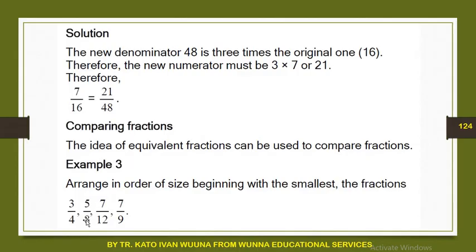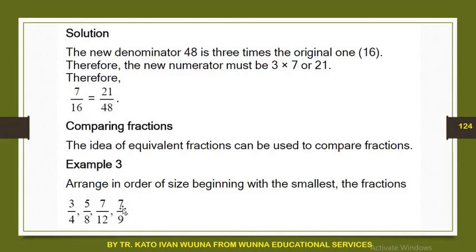When you reduce 72 by 8, you get 9. 9 times 5, 45. Now the 45 becomes our new numerator out of 72. The same applies on the other two remaining.